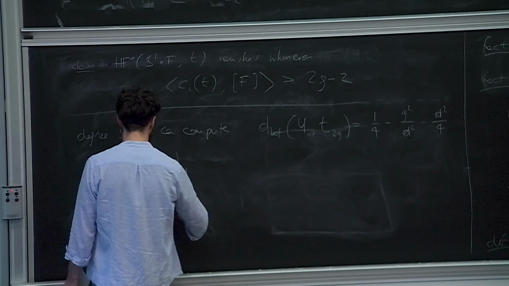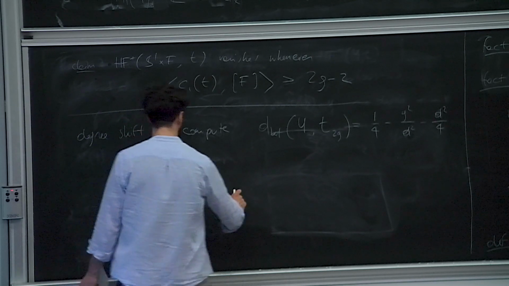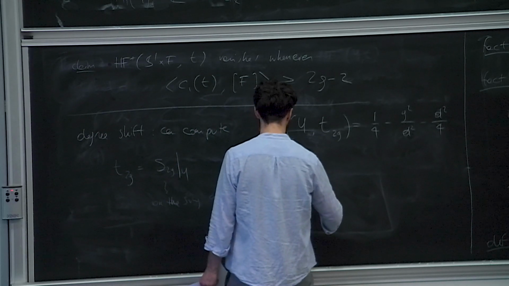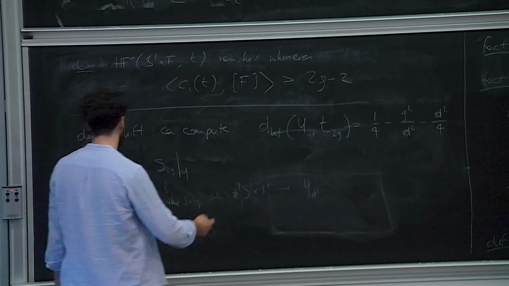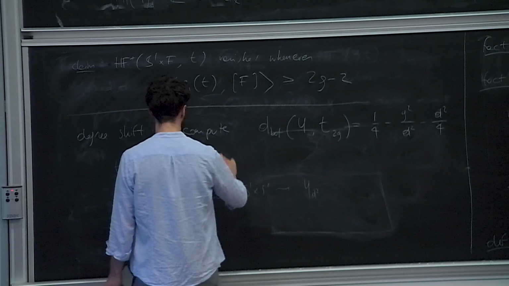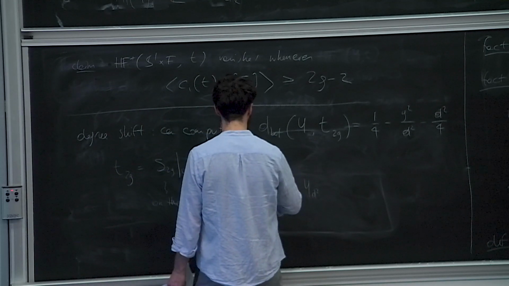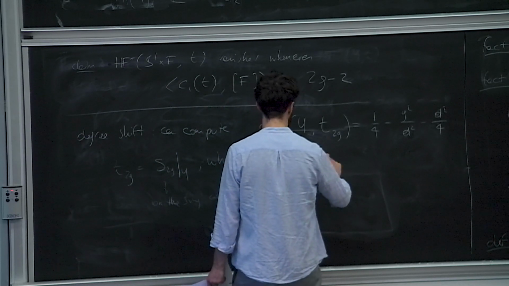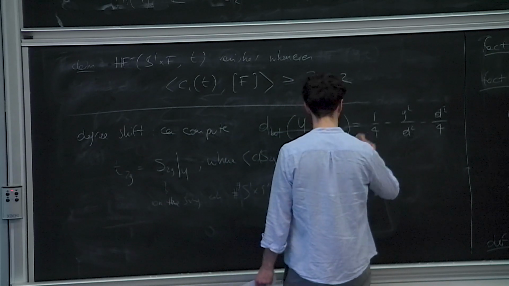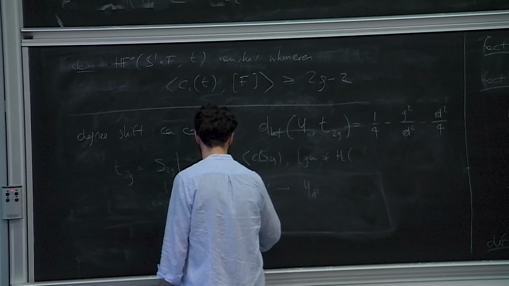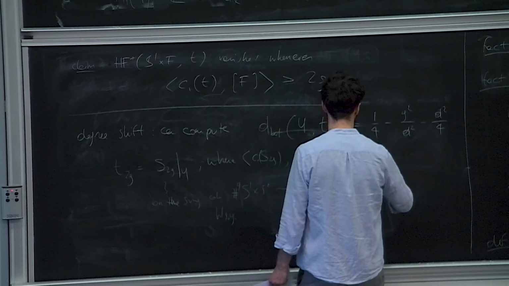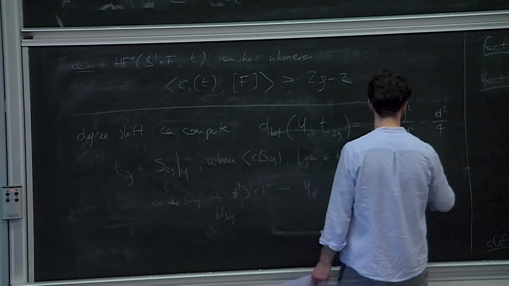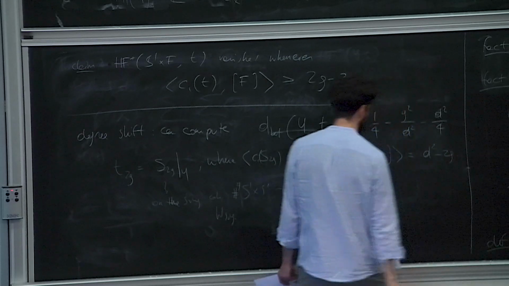This is on the surgery cobordism from this connected sum of 2g copies of S1 cross S2 to Y_d squared, where s_2g, its first Chern class, evaluates on the generator of H2 of this surgery cobordism, which I call W_surg, well, technically the relative one, but let me not go into details, as d squared minus 2g.